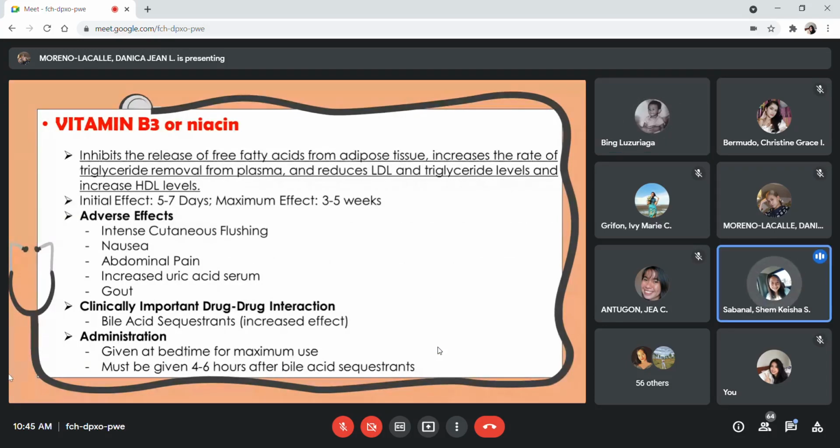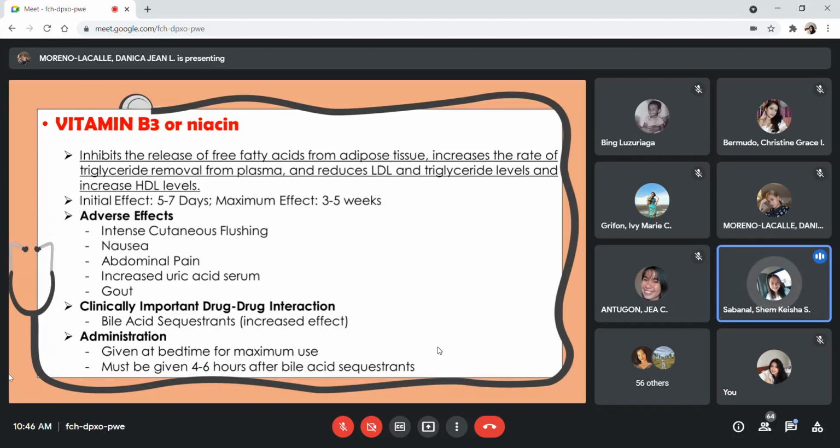Let's move on to our vitamin B3 or niacin. Very important. Actually, our vitamin B3 or niacin is the most effective agent when we want to increase our HDL or our good cholesterol. So what does vitamin B3 do?